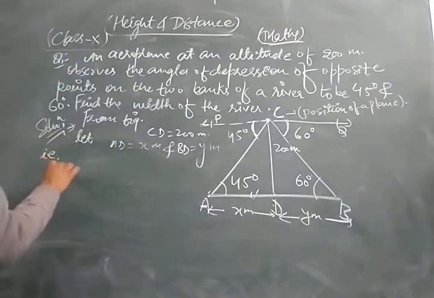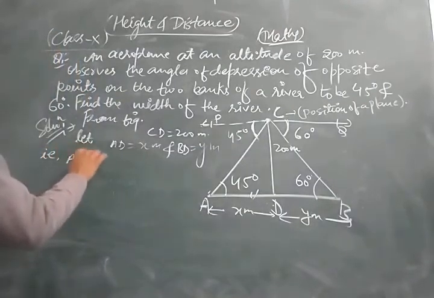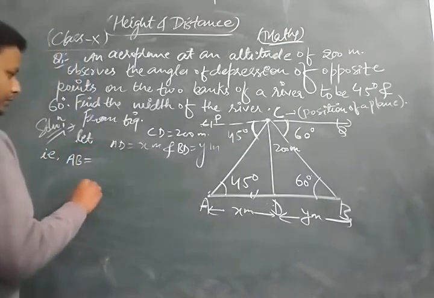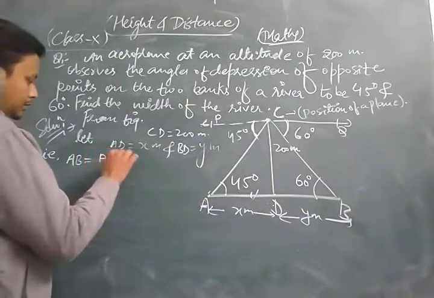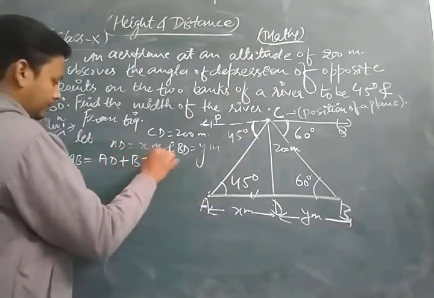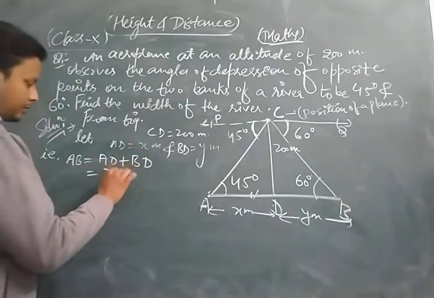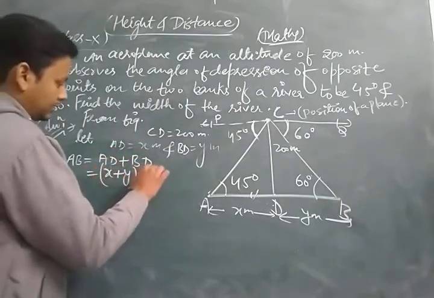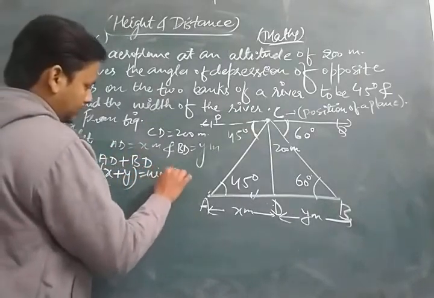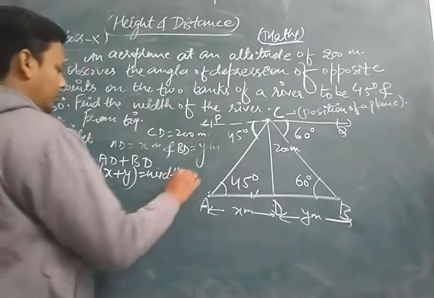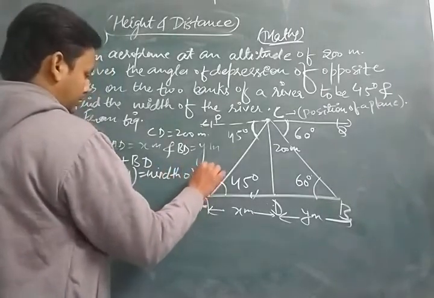This implies that AB, the width of the river, is equal to AD plus BD, which is x plus y.